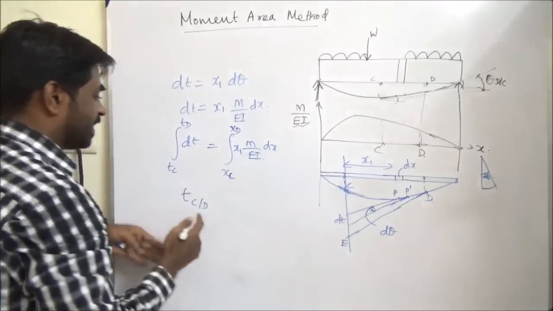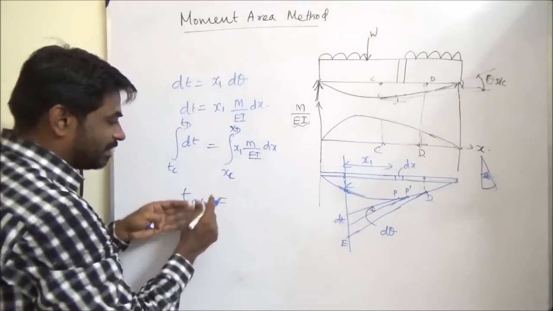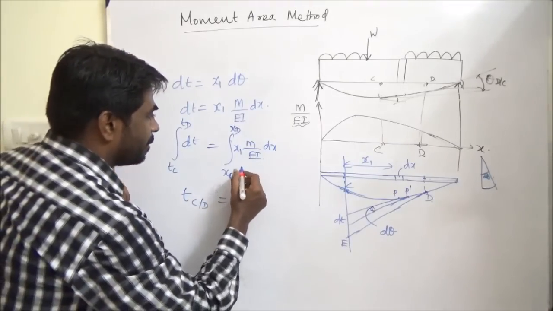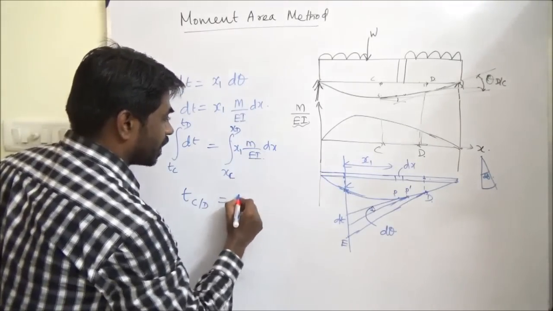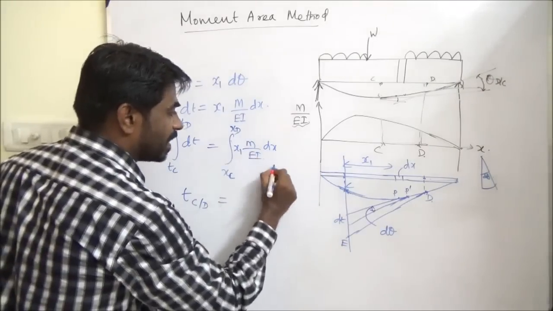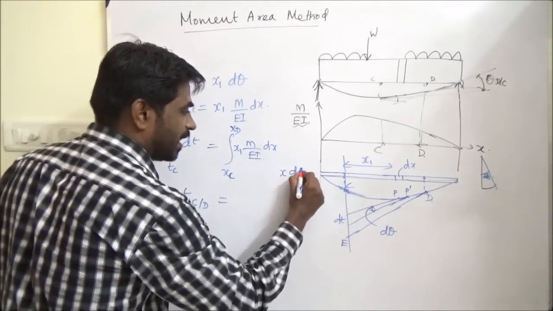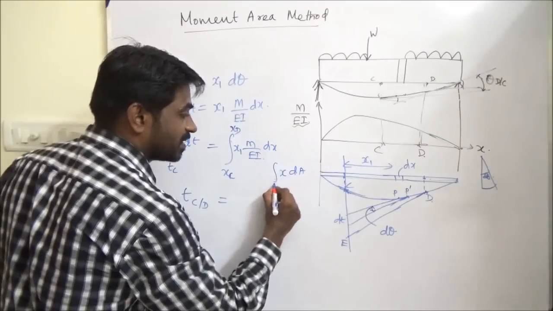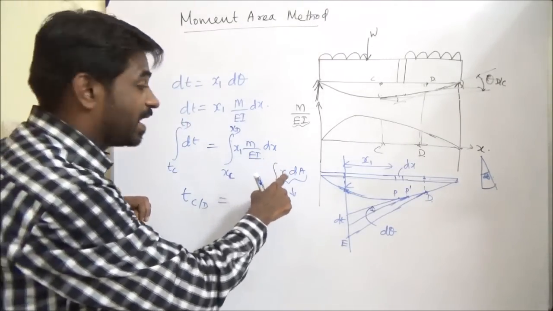So we are integrating that, so we call this as TC by D, and what is this? It is nothing but our x dA integral. What is this called? First moment of area.